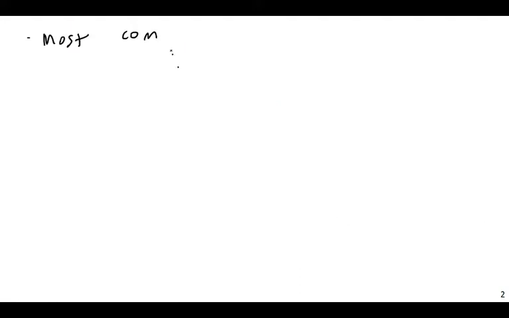So we've seen what kind of failure it is, but where does it occur? Well, it's most common in connecting elements in tension, and thin web connections and W shapes.